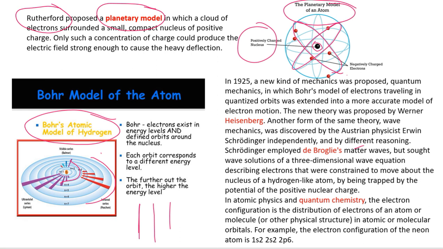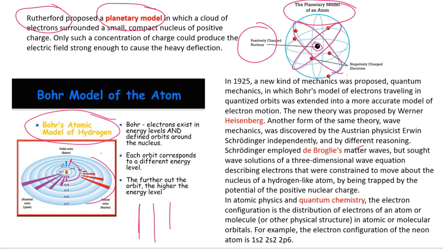Well, he arrived at a model that was proved, but only for hydrogen, because he didn't consider that in atoms other than hydrogen there are more than one electron, and then he didn't consider the interactions between the electrons around the nucleus.